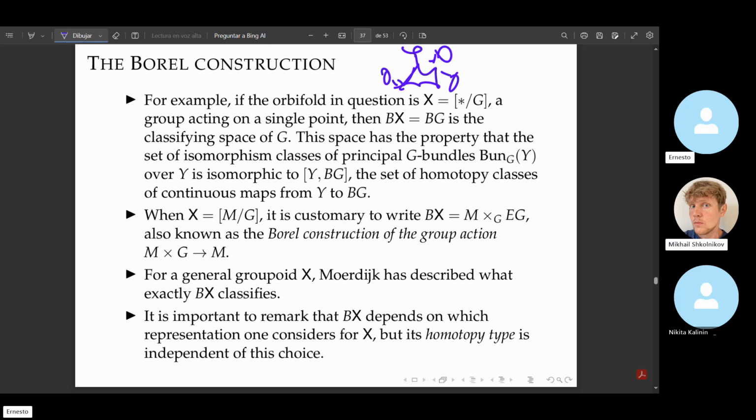So the homotopy type of this orbifold, so to speak, is well defined. You see what I mean? Yes, yes. And this will be a homotopy type associated to an orbifold. And Lerida has a paper where he does this a little bit better, and I recommend it. But you can think at first level of approximation just in this way.